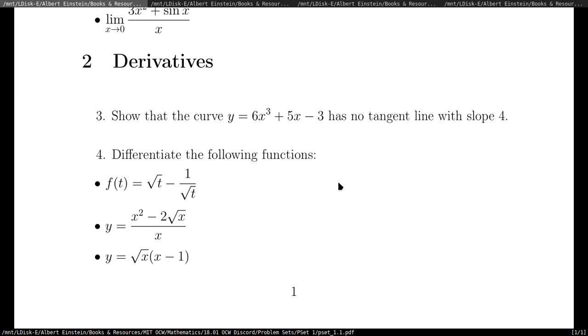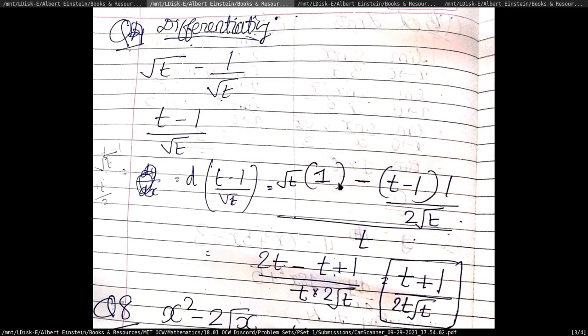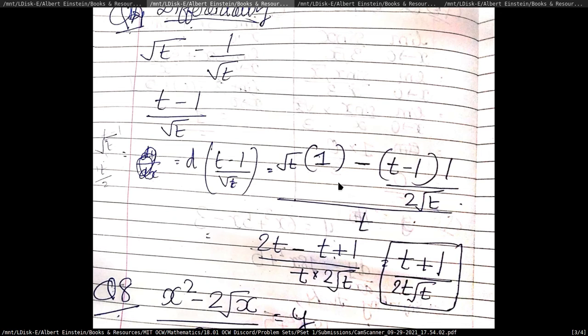Then you have to differentiate these functions. Pretty easy functions. But let's see. So the first one is root 2 minus 1 over root 2.